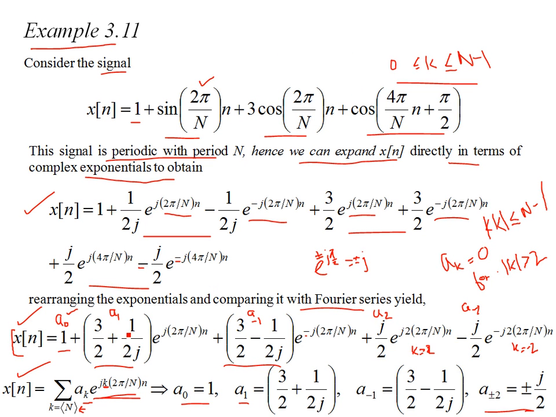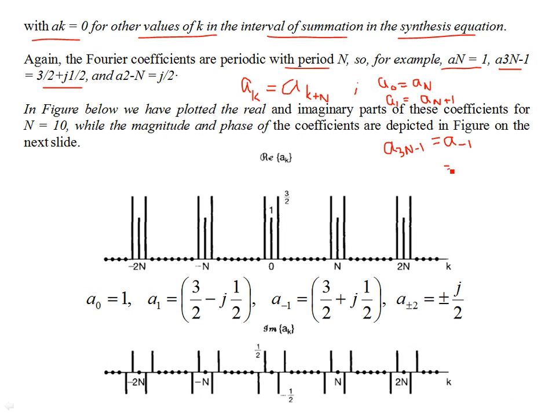This is a minus 1: 3 by 2 minus 1 over 2j, which can be written as 3 by 2 plus j by 2, right? Why I'm doing this is just to show you that the Fourier coefficients for the discrete Fourier series are periodic in nature, and you don't need to go beyond the period capital N because they tend to repeat. So it is sufficient to consider the Fourier coefficients in one period only.